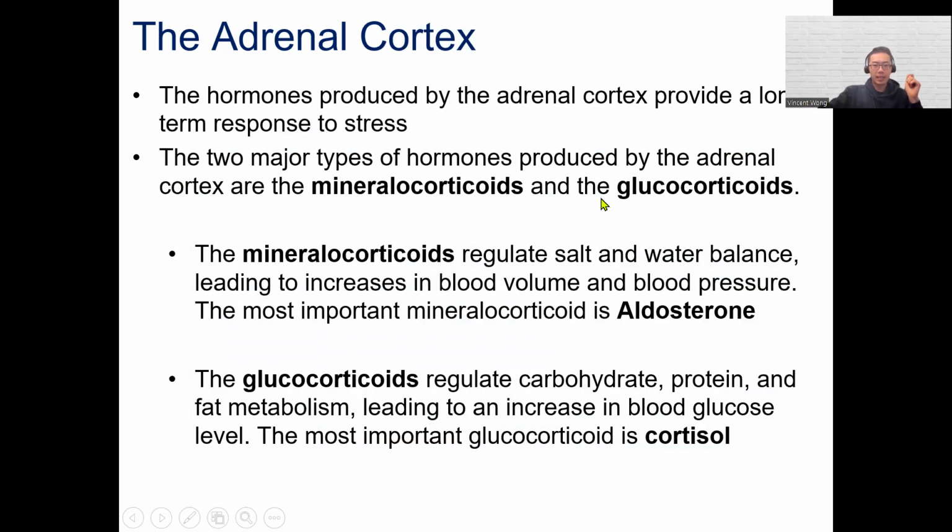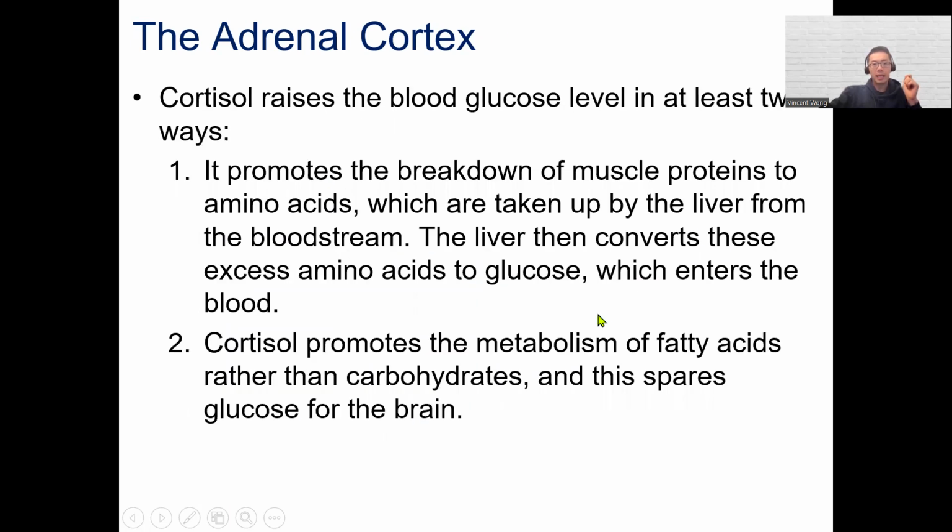This is basically what I described to you. You can read it on your own, and we can come back. Actually, you know what? Let's read this as well. So what does cortisol do? Cortisol will help increase blood glucose level by promoting the breakdown of proteins into amino acids. And the amino acids can actually be converted into glucose, right, in the liver.